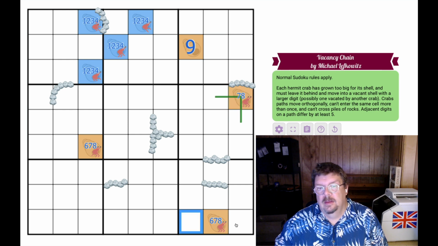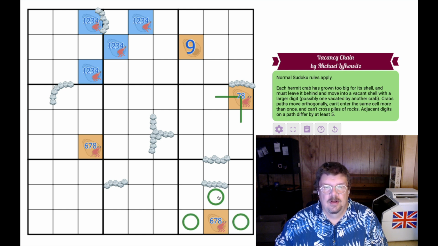Now, I don't know where the line goes here. It could go like that, it could go like that, and it could go like that. But what I do know is that no matter which way I go, 2 of these 3 cells are going to be on the line. And if 2 of those 3 cells are on the line, this can't be a 6.